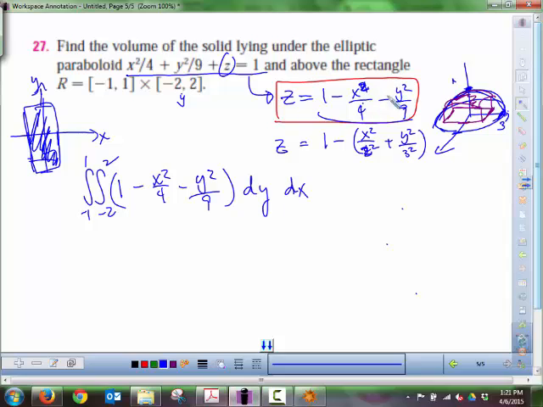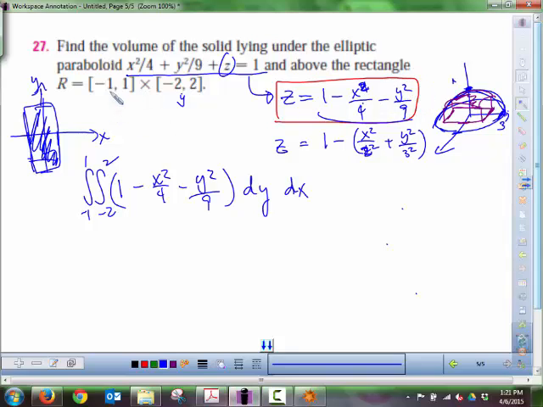Without the drawing, if you can look at the x's and y's and see that they're even, they're being squared, and your limits are going from -2 to 2, -1 to 1, you can tell, without visualizing the surface, that the negative to a positive x value is going to be the same because we're squaring the x.